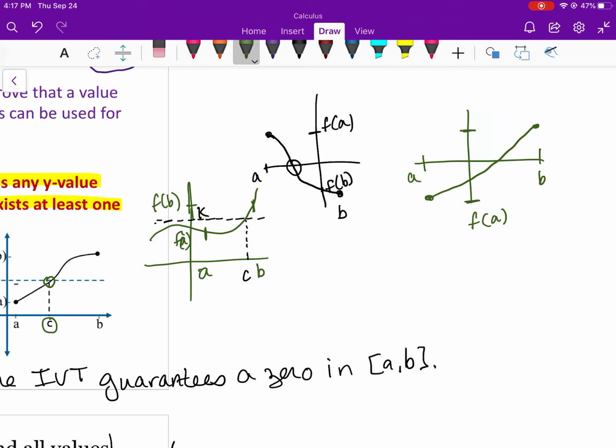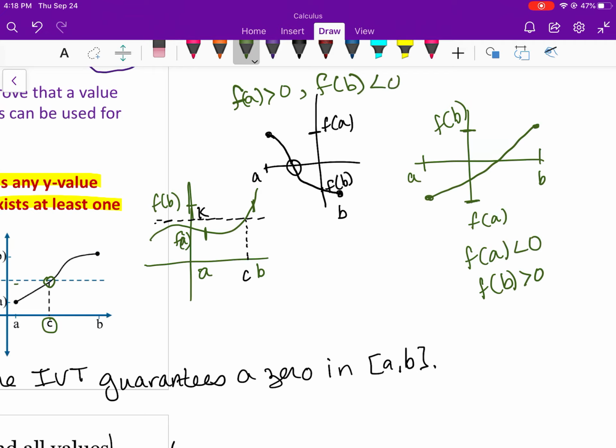F of b sits up here. We can see that f of a is less than 0. We can see that f of b is greater than 0. Over here, f of a was positive, where f of b was negative. So they had to be opposite in signs, and then we're guaranteed a 0.